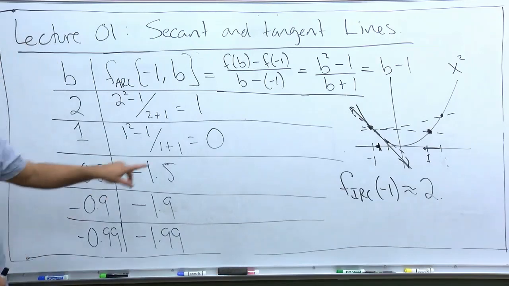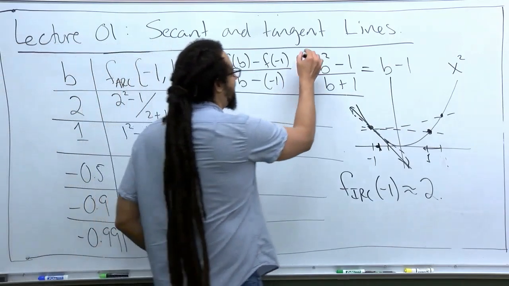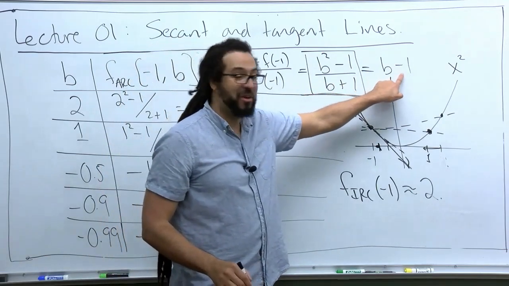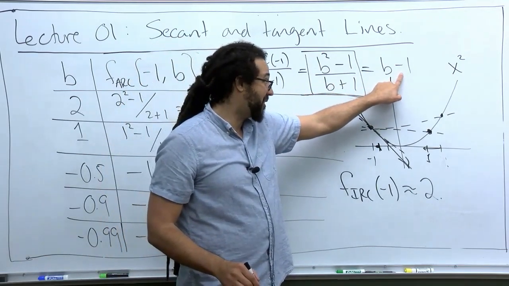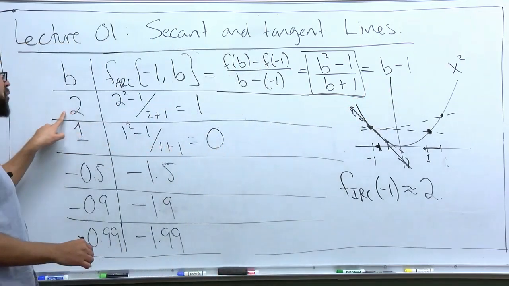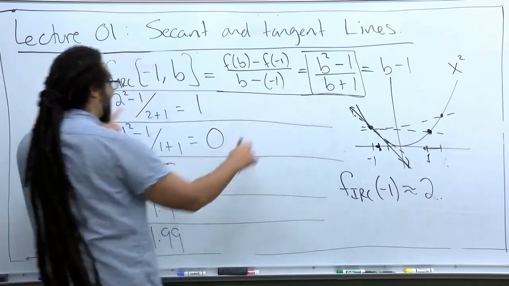So really, instead of using a calculator to compute this quantity, I can almost compute this same quantity just by inspection, right? You can see when I plug a 2 into this thing, I got 1.